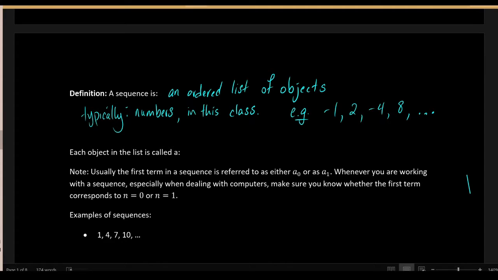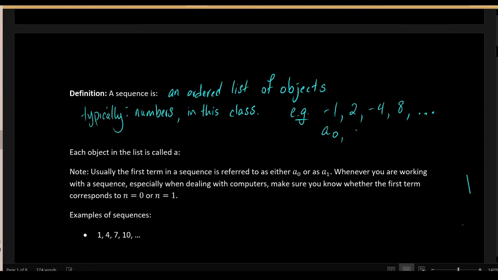The first term in the sequence, in our case -1, is usually denoted by A with a subscript of 0. It's traditional most of the time, especially in computer science, to let the first number in a sequence be represented by the 0 index.